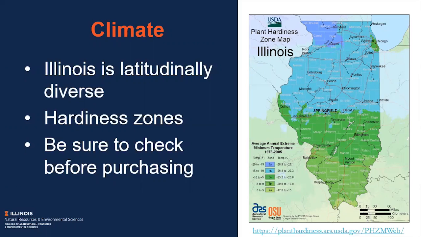Because if you think about it, deep down in southernmost Illinois, where I am, we're actually on the same latitude as central Kentucky, whereas in northern Illinois, the climate is more similar to, say, Wisconsin or even Michigan. So just something to keep in mind. A lot of the species that I'll talk about today will have some degree of variability. Others are more specific, so just want to watch out for that.